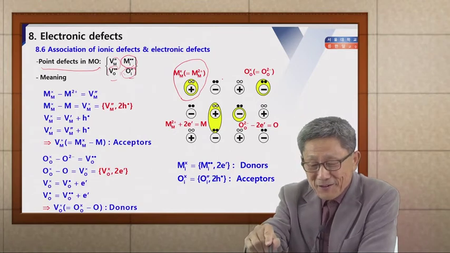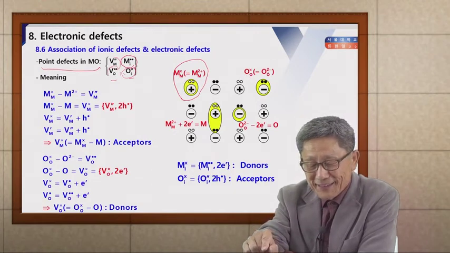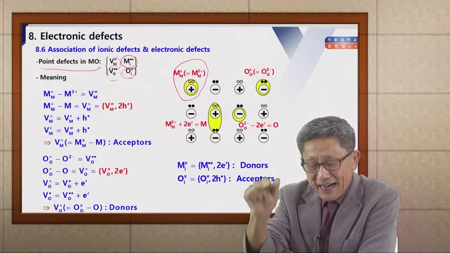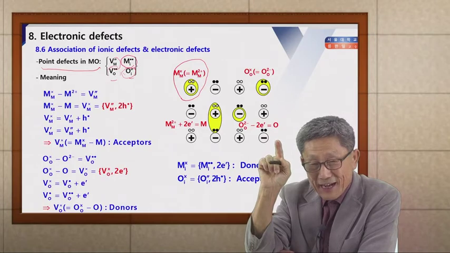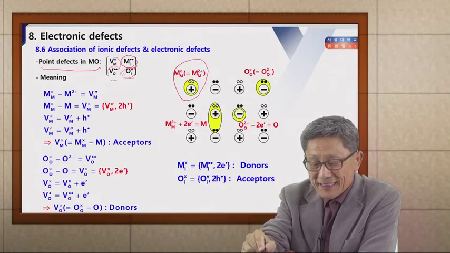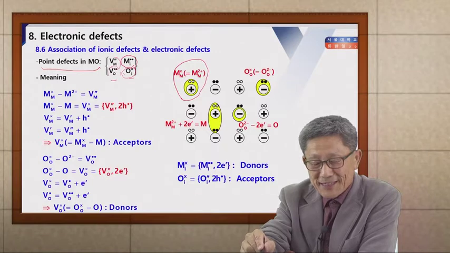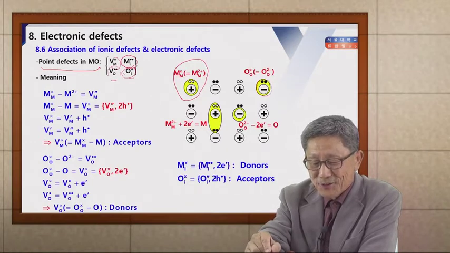What about the neutral oxygen anion? Oxygen on oxygen site. This means an oxygen ion with the charge -2 is sitting on the oxygen site, whose charge state should be 2-. Here, this is the neutral oxygen on the oxygen site.